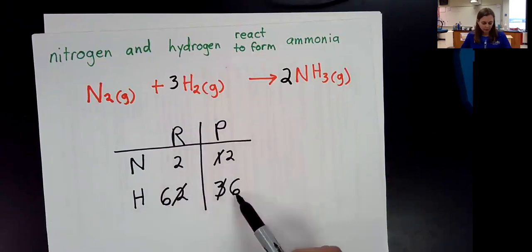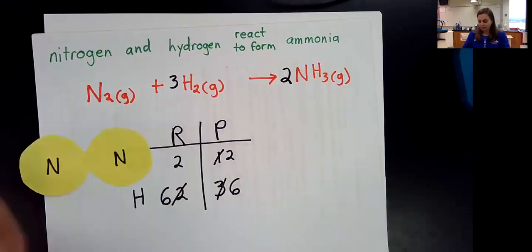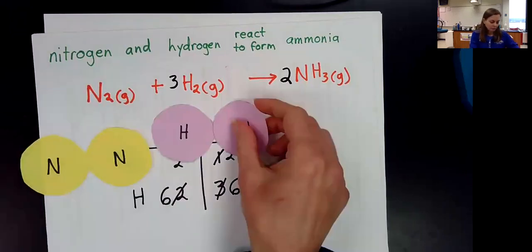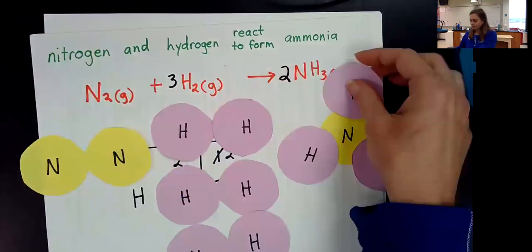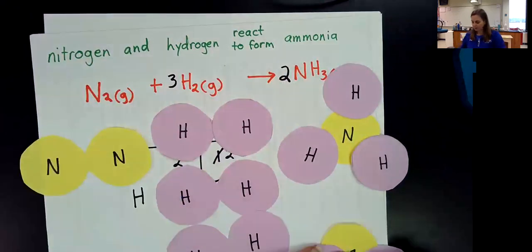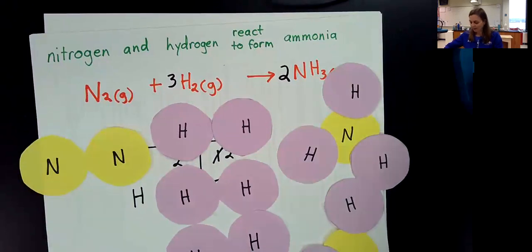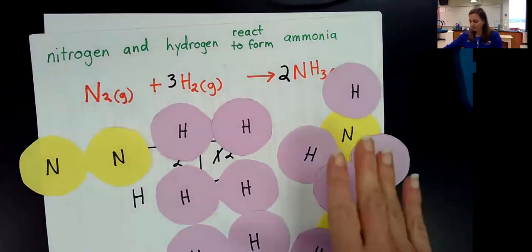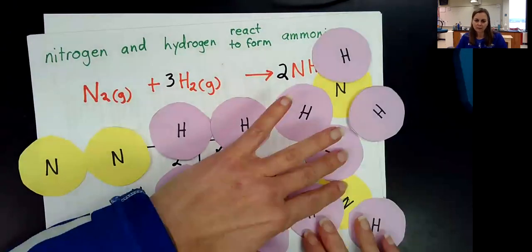And if we just want to confirm for ourselves with the visual representations, we have nitrogen, we have 3 hydrogens, and then we have 2 ammonias, and you can see that we now have 6 hydrogens and 2 nitrogens on each side.